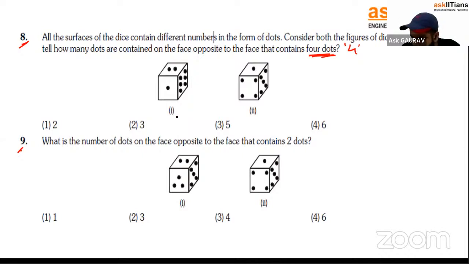See, this is common here. Find the common in both the dice, right? Now move clockwise. It will be 2. Move clockwise here. It is 5. So 2 is opposite to 5, right? And 6 will be opposite to 4.